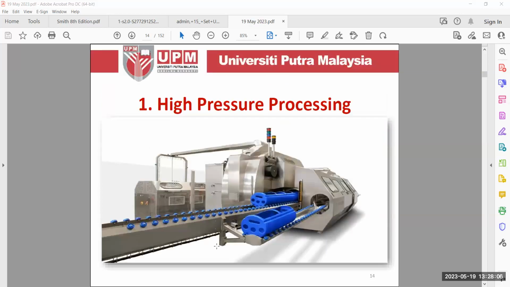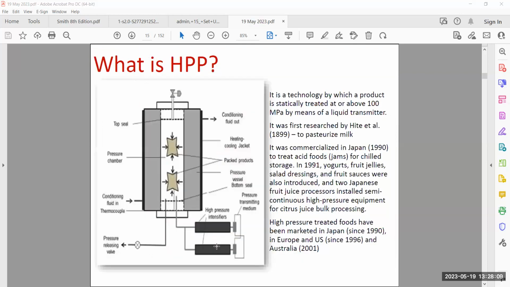Okay, so the first subtopic of the day is HPP. So what is HPP essentially? It's basically technology by which a product can be treated with very, very high pressure. It was first researched by Hite in 1899 to preserve milk.